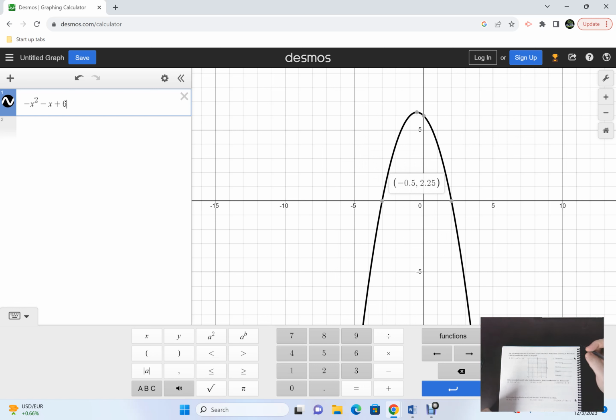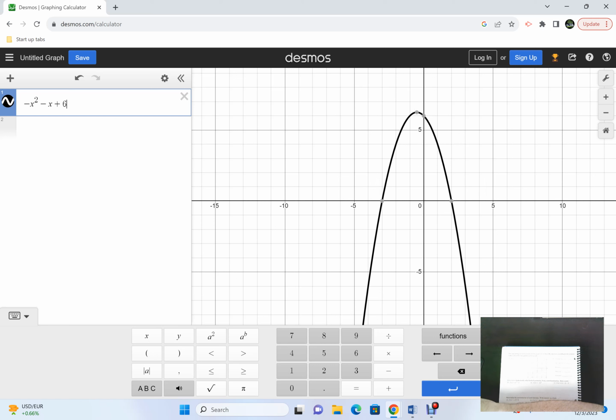Okay, so increasing. Increasing is any time your line is going up from left to right. So it's going up all the way until we get to the max here, right? It stops at the max. And again, we just use the x values when we're talking about the intervals. So the x value here is negative 0.5, right?